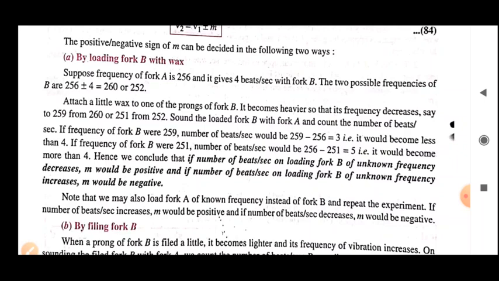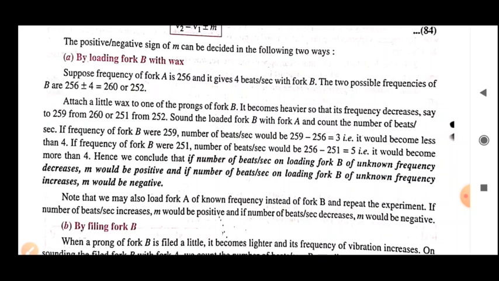Now sound the loaded fork B with fork A, and count the number of beats. If the frequency of fork B were 259, the number of beats per second should be 3, because fork A has frequency 256. You will hear the variation in maximum and minimum intensity 3 times, so it should be less than 4.